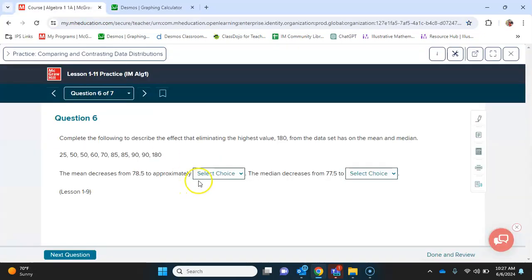Now that's 67.2. The median decreases from 77.5 to, so let's find the median.